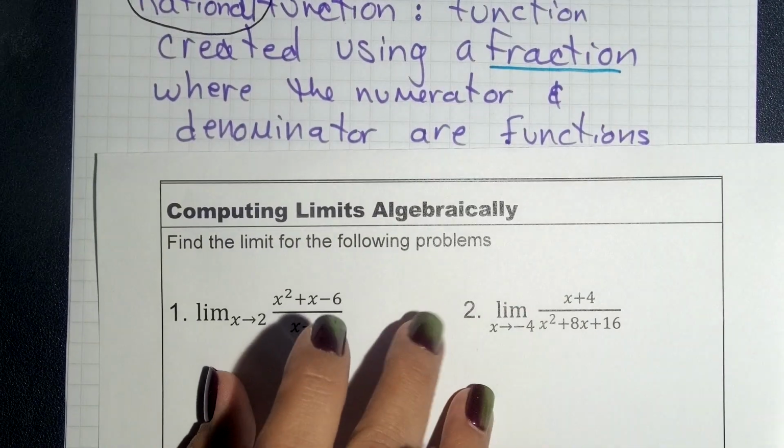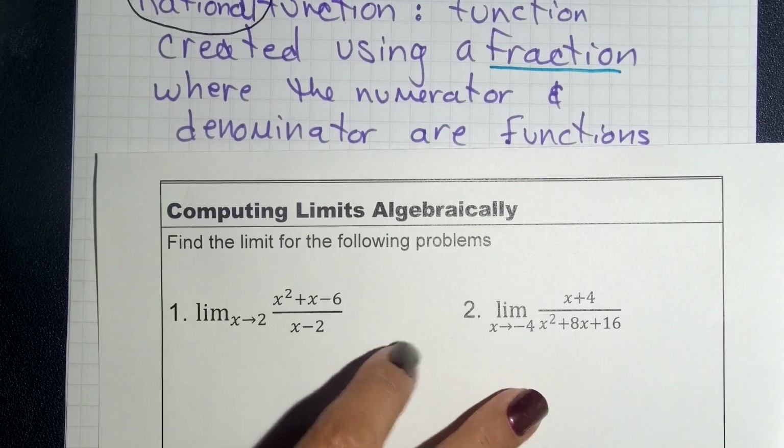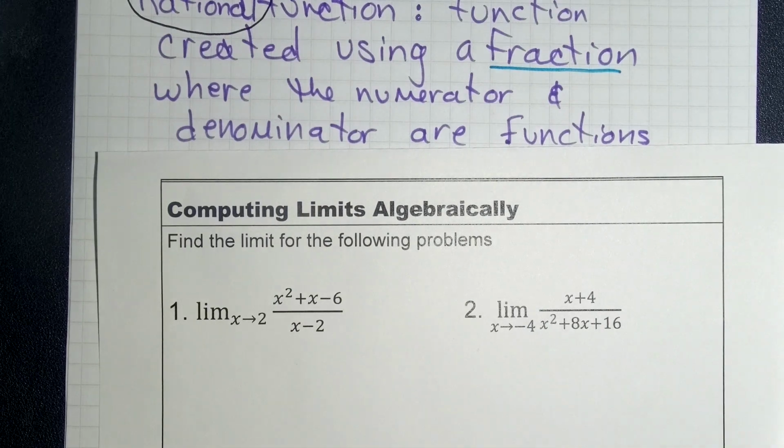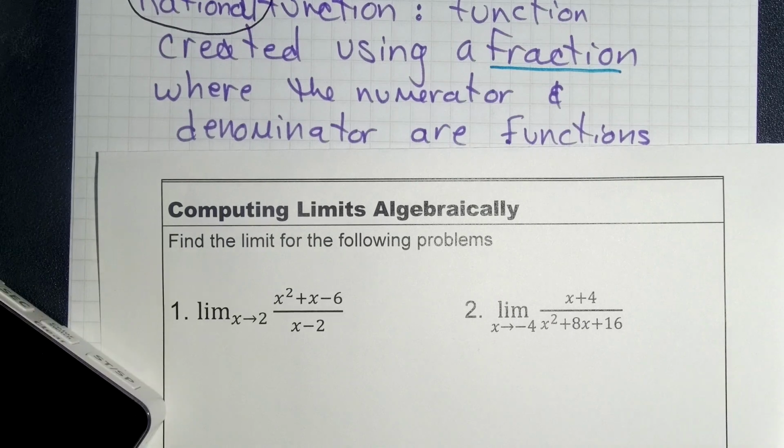That's these two, right? Yes? You can work in your group. I'm going to give you about 2 or 3 minutes to get that done. Make sure you have a calculator. If you don't, you can go grab one now.